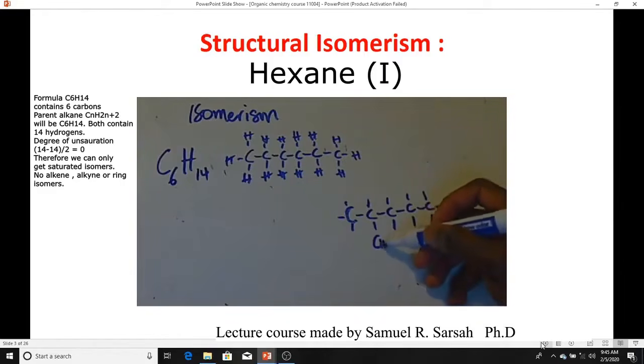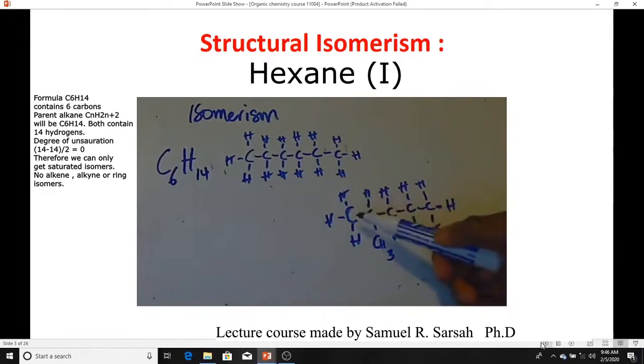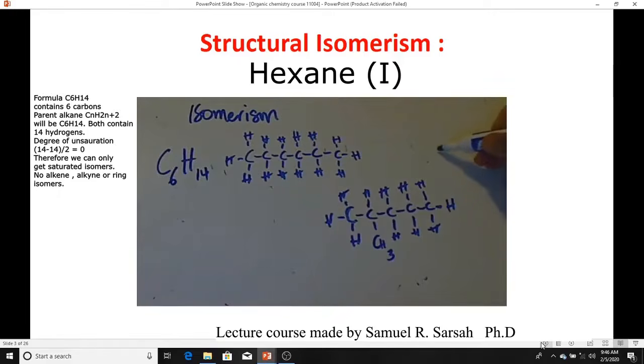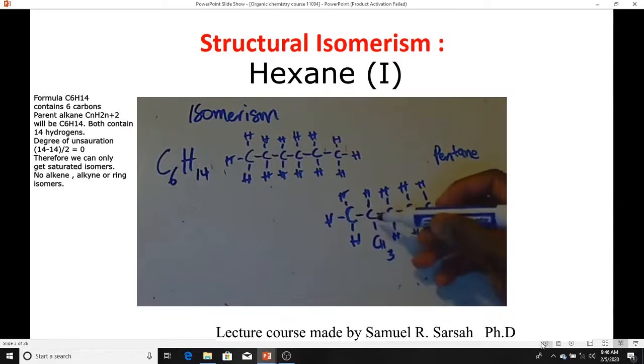So the longest chain is 1, 2, 3, 4, 5, so the parent name will be pentane. Now there's a substituent on carbon number 2. Call this carbon number 2 and not carbon number 4, because I'm starting the count from here: 1, 2, 3, 4, 5.